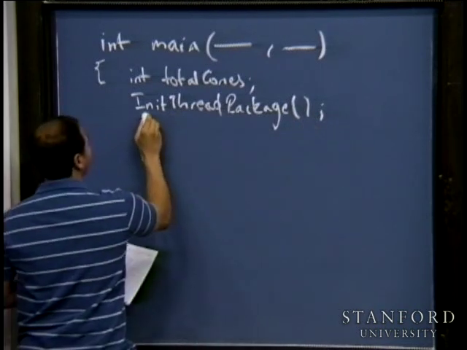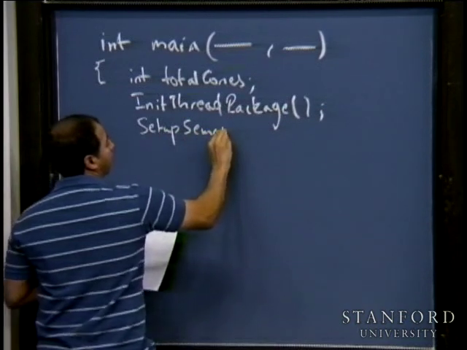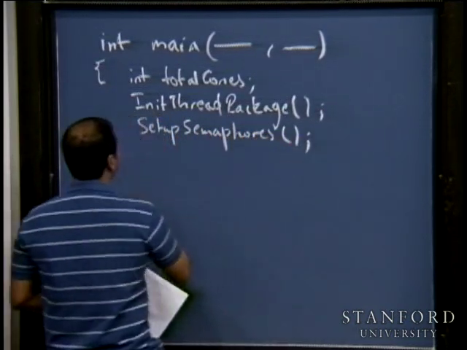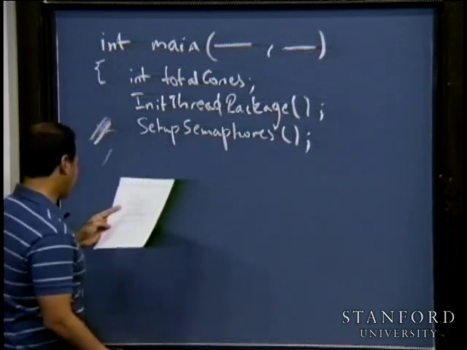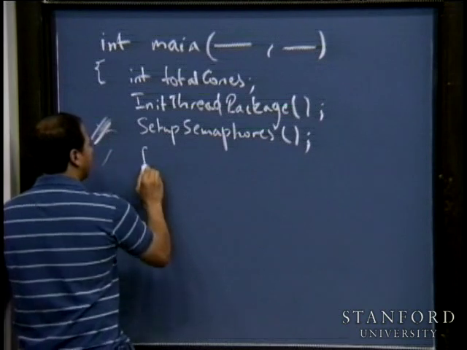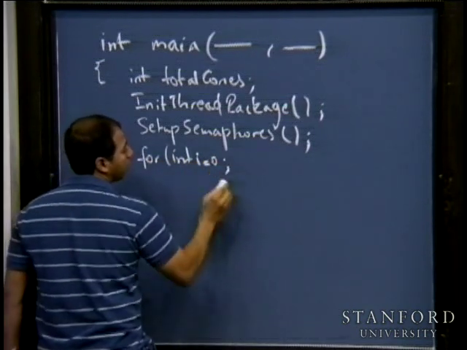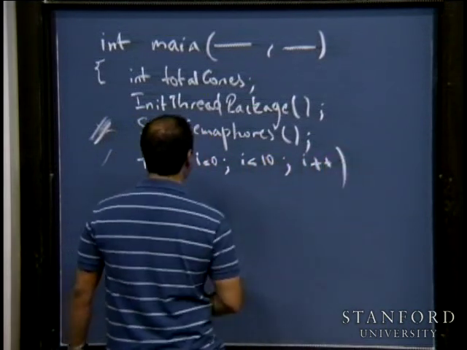And we set up some semaphores that I will introduce right away. But just bear with me until I get to this point. And then we spawn all the customers. So for int i equal to 0, i less than 10, i plus plus.